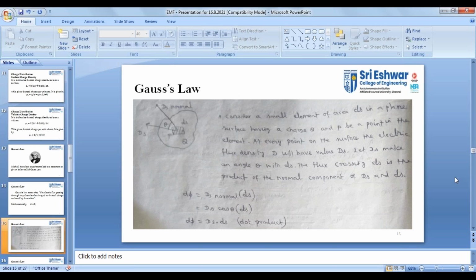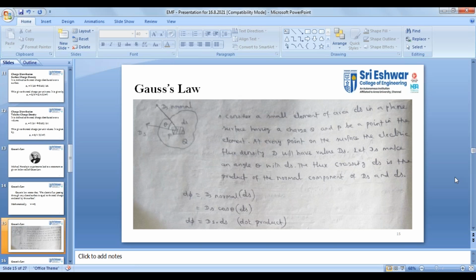There I am choosing a shaded portion, a small portion at point P in the region whose surface area is ds, and at that particular point the charge prevailing is capital Q. The electric flux density D will have ds, and its normal is also there, and this ds and ds normal will be separated by a small angle called theta.